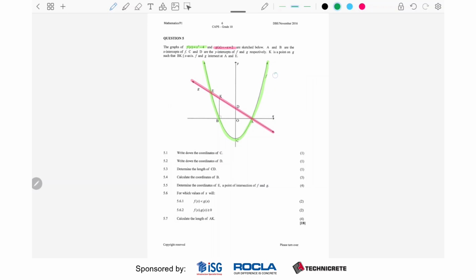So f of x is x squared minus 4 and g of x is minus x plus 2. And the x-intercepts of f are A and B, and C and D are the y-intercepts. So C is the y-intercept of the green graph, and D is the y-intercept of the pink graph.